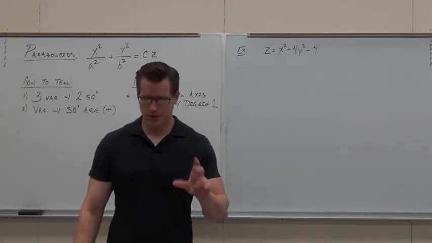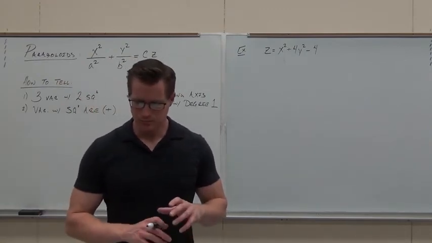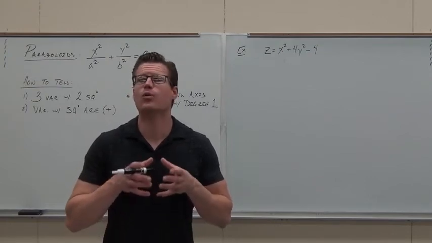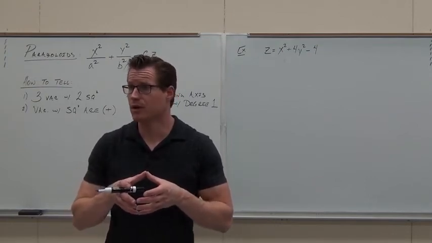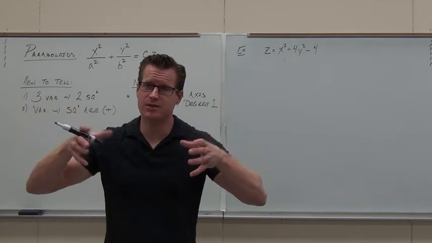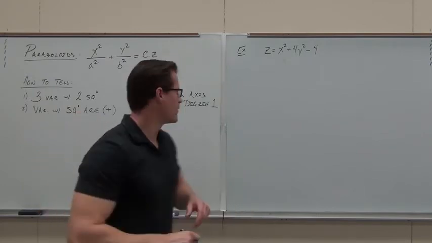The coefficient of that degree 1 variable is going to tell you how that paraboloid opens, whether it's opening towards the positive axis or the negative axis.